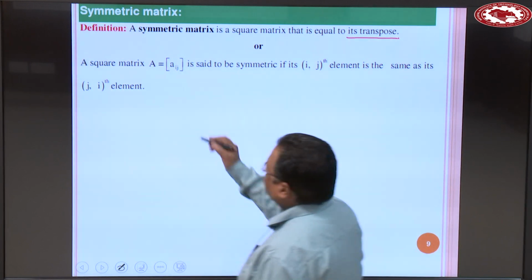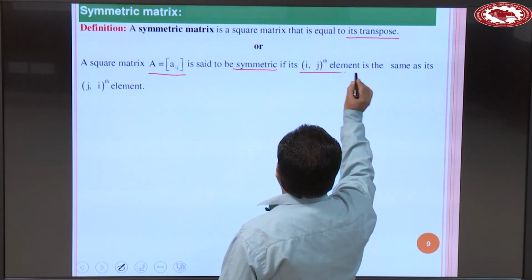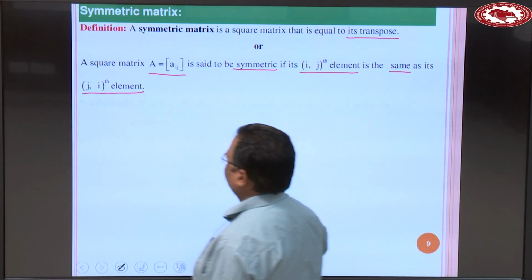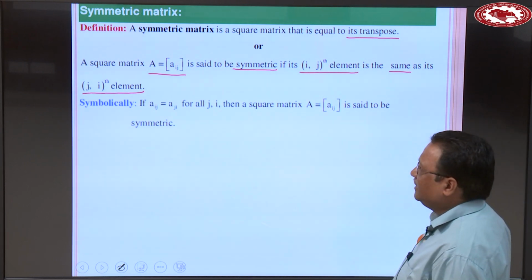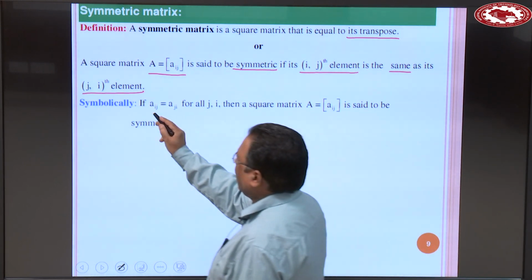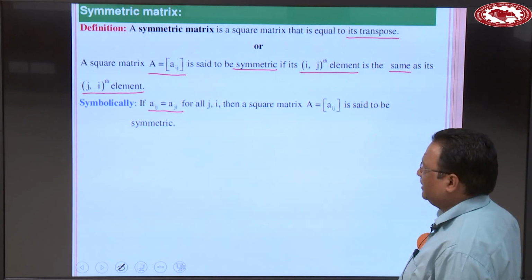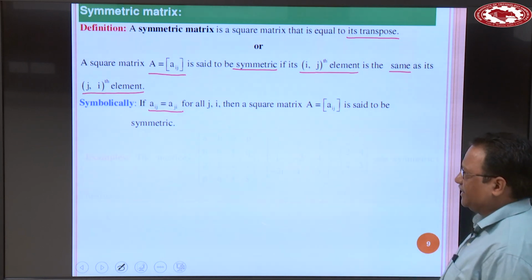A square matrix Aij is said to be symmetric if the ijth element is the same as the jith element, and symbolically this means if Aij is equal to Aji for all i and j, then the square matrix A is said to be symmetric.